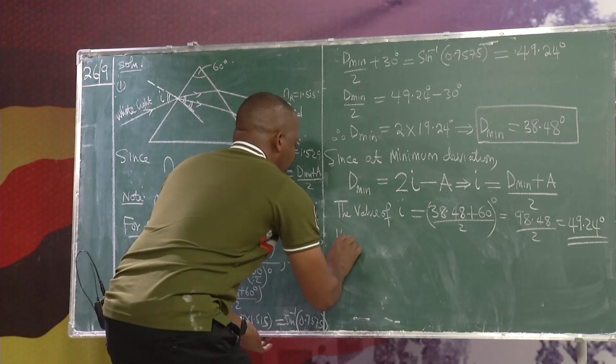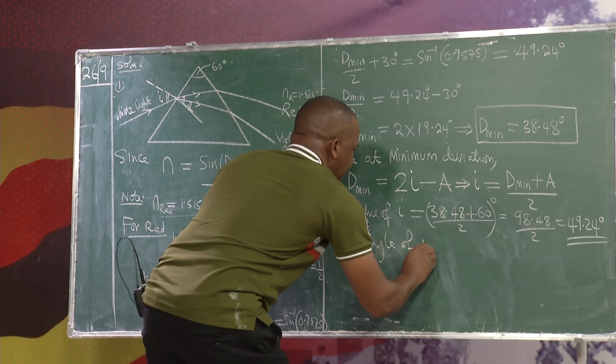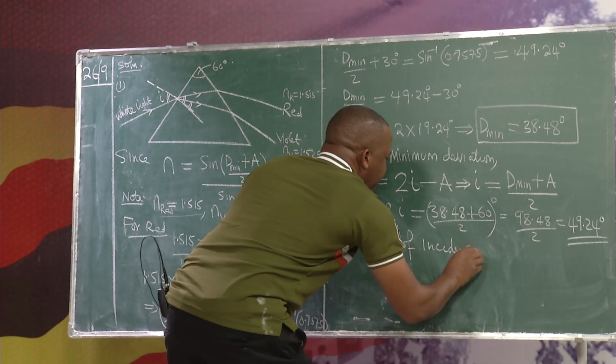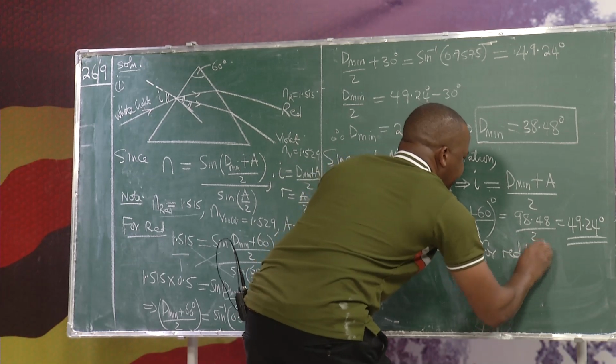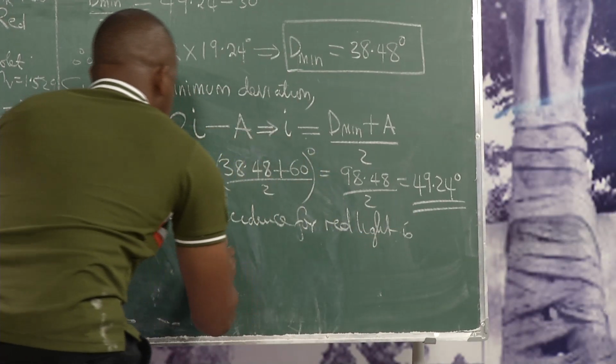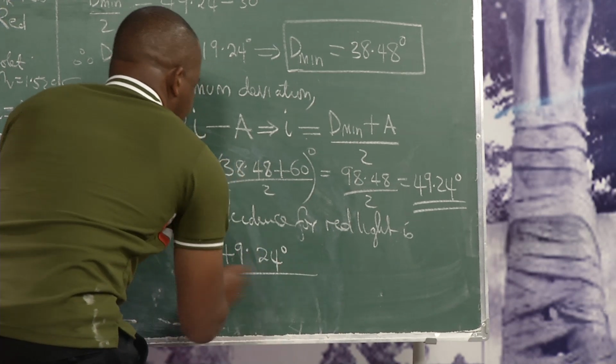So the angle of incidence for red light is 49.24 degrees.